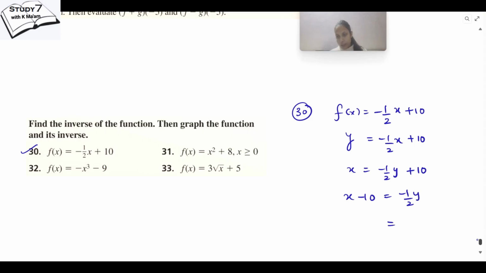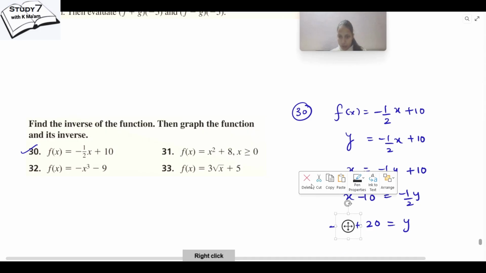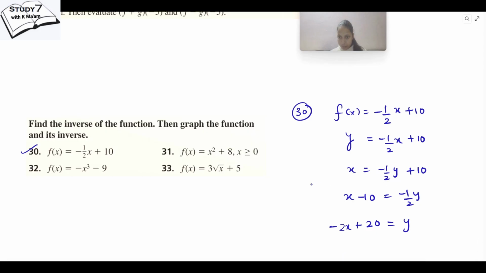Solve for y. This is the inverse function, the inverse function of question number 30.